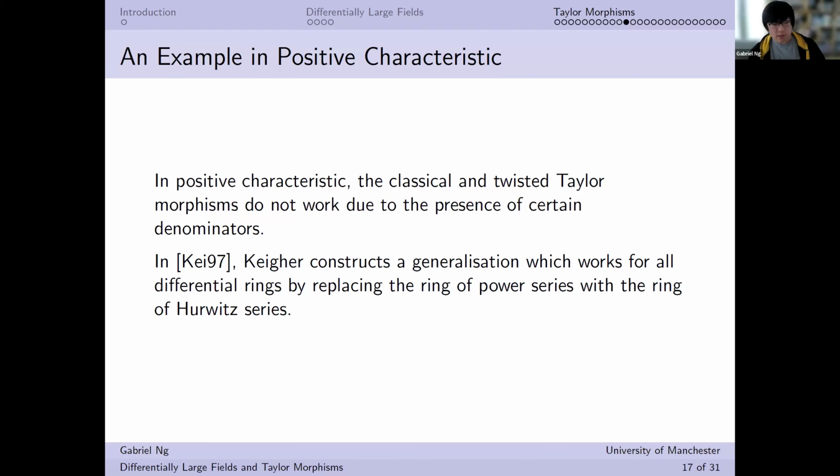Okay, so now we'll talk about this promised example of this Hurwitz morphism in positive characteristic. So we first note that if we remember back to earlier, the classical and twisted Taylor morphisms don't really work in this positive characteristic setting because you have to divide by these denominators which die in characteristic p.